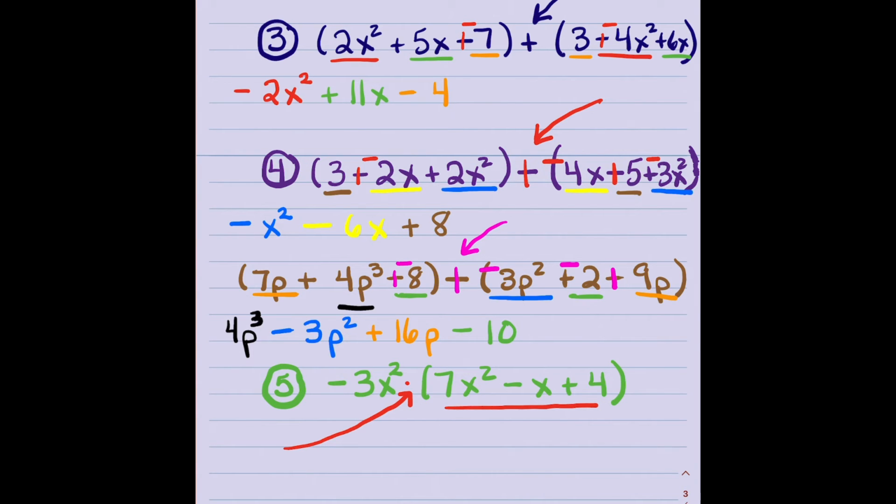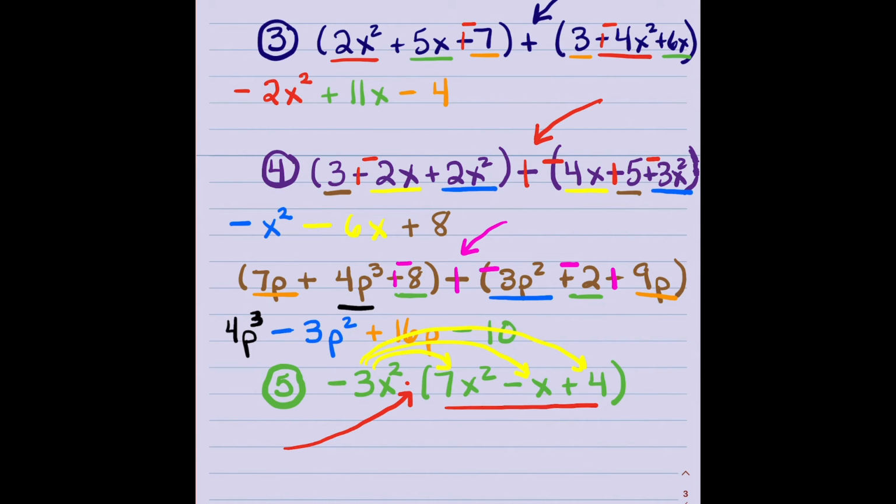I'm going to be taking -3x squared times each piece of what's in the parentheses. I had a student once call that watering the garden. So make sure you water the whole garden and not just the very first part of it.